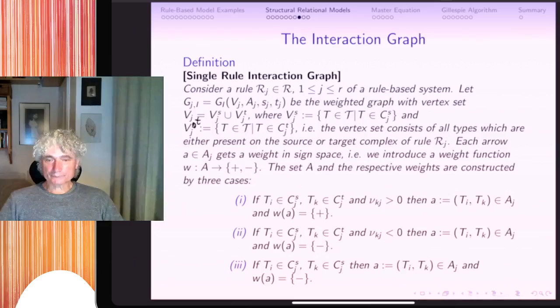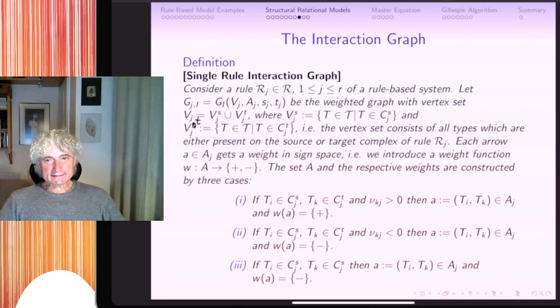And if something is consumed but created on the other side, but it has a positive net production, that is described by this ν_kj. So this is of course the entry of the stoichiometric matrix. So if there is net production, then this feedback is weighted positive.